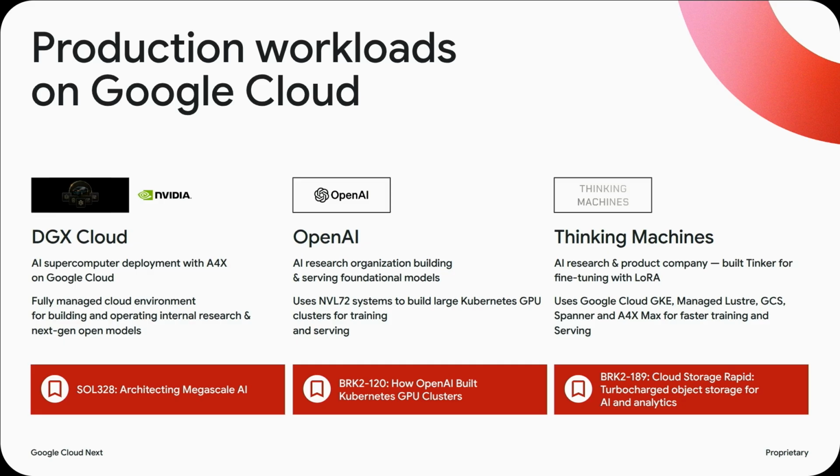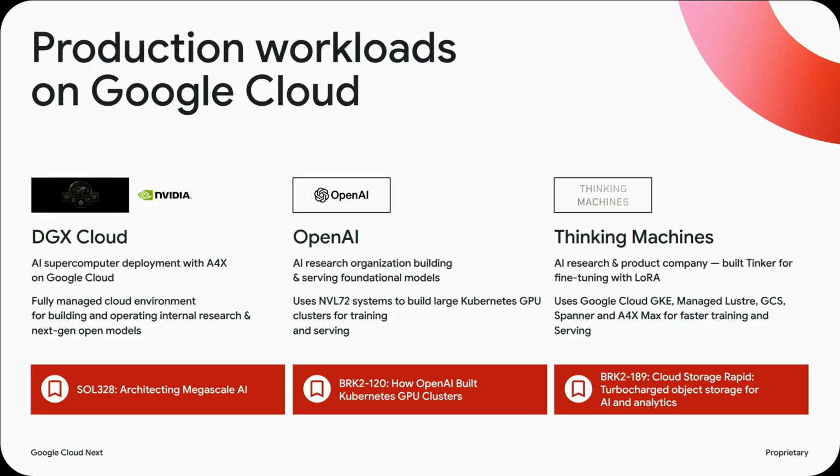DGX Cloud is hosted on Google Cloud and provides a fully managed AI supercomputing environment. This is leveraged by NVIDIA to build and operate their internal research and develop next-generation models. And this is running on Google A4X infrastructure that Pramod talked about. OpenAI, as a leader in research and development, is building and scaling their foundational models on these NVL72 systems.